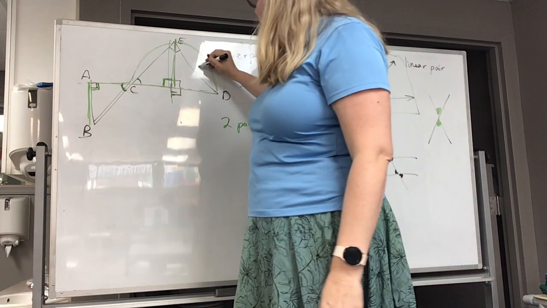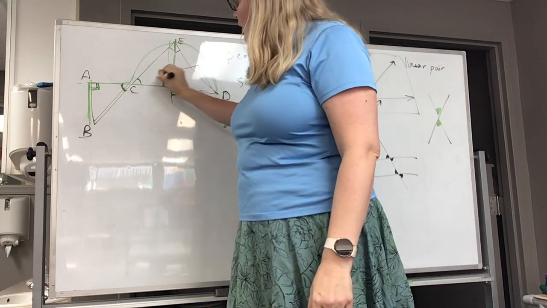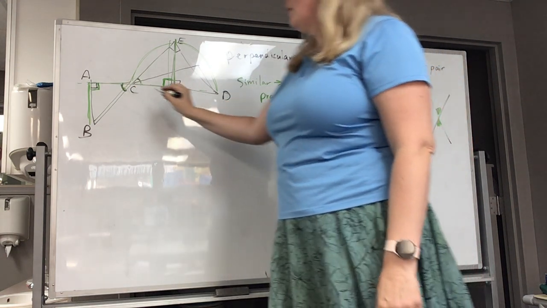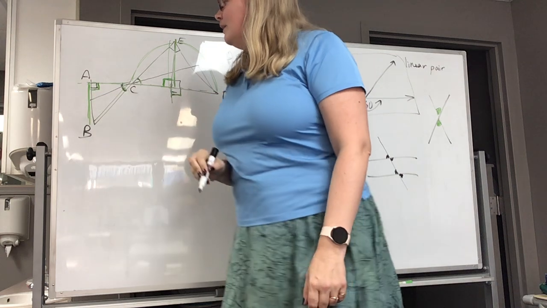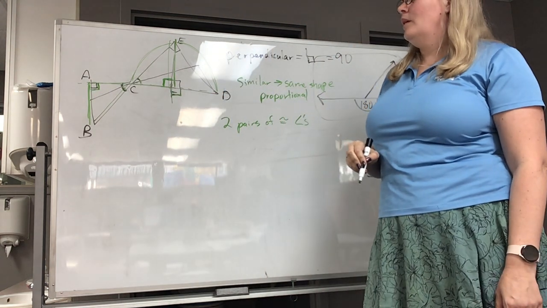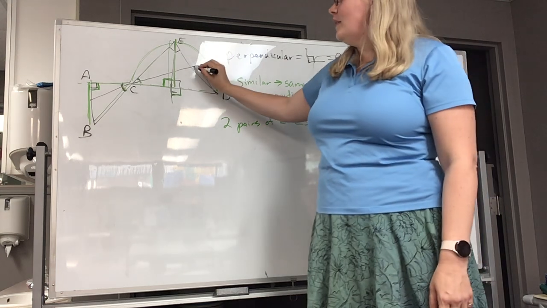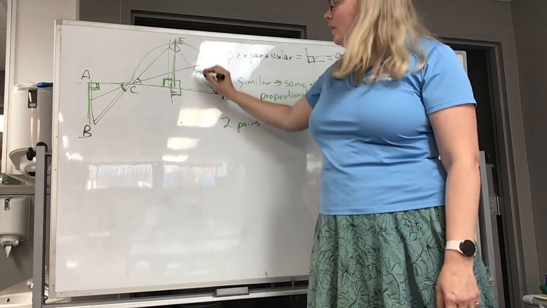I can move this over here, and it would make B look like that, but there's absolutely no reason that this can't still be a right angle.